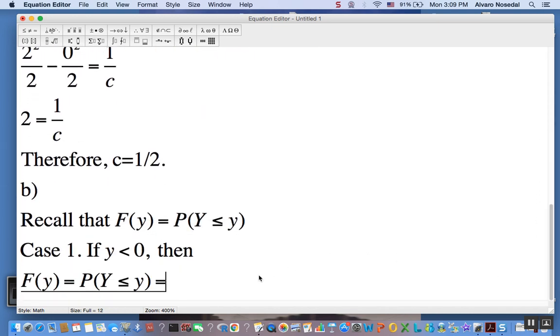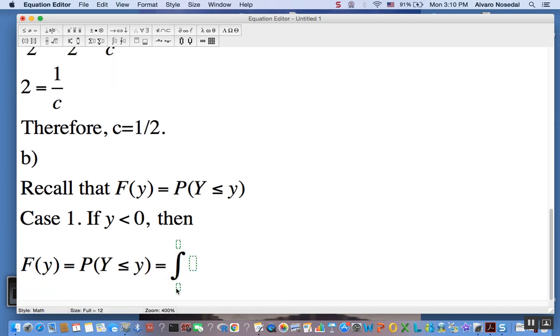In that case, we know it's the integral from negative infinity to y of the PDF f at t dt.